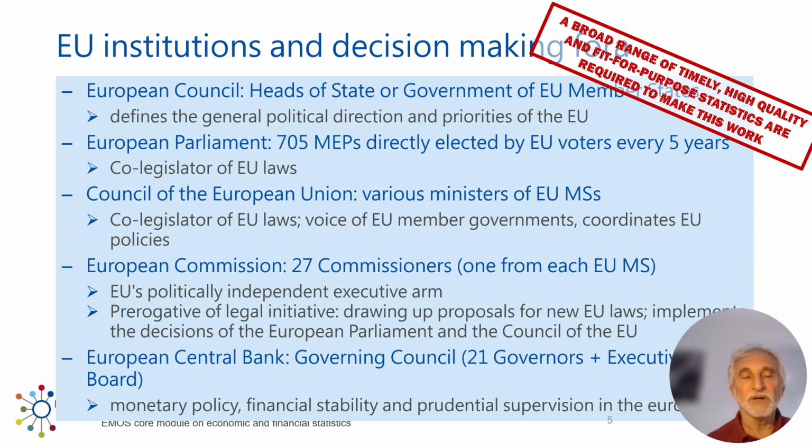And the highest body of the European Central Bank who decides on these laws is the Governing Council, which are the governors of the 21 participating member countries plus the 6 executive board members of the European Central Bank. So these are the bodies who are behind all the statistical laws which are relevant for all those statistics which we will be mentioning in this presentation.